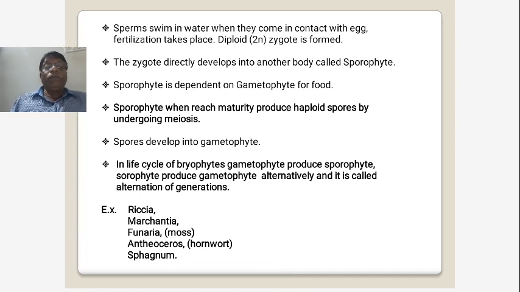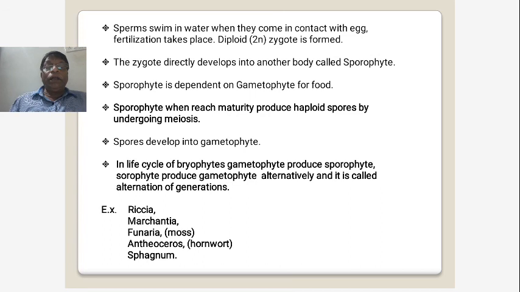Okay. Now, some common examples we shall see. Riccia, Marchantia. Riccia and Marchantia, thalloid liverworts. Funaria, leafy moss. Anthoceros, commonly known as hornwort, a thalloid one. Why do we call it hornwort?